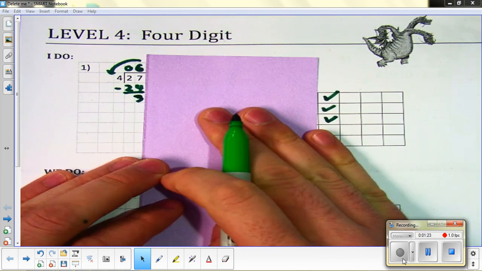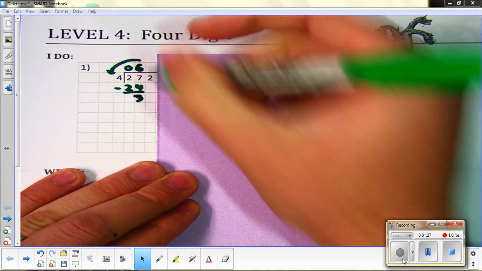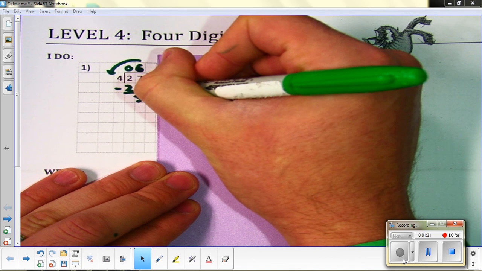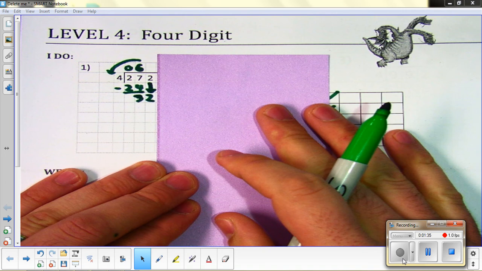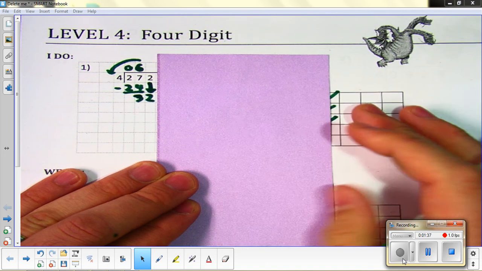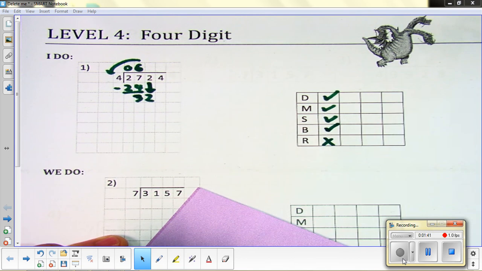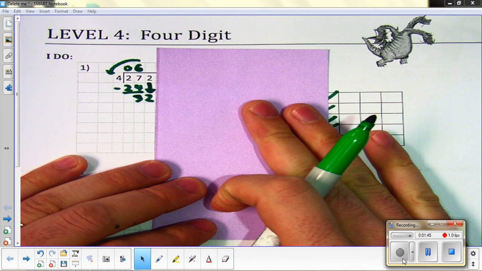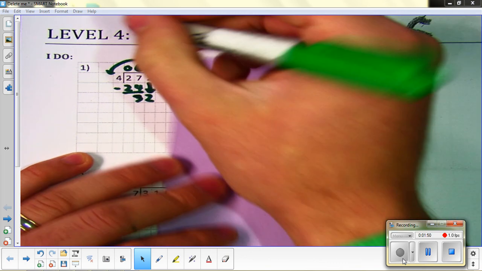Time to bring down. By moving my note card 1 over, I notice that there is a number in this box, and I bring down the 2. Now, no time for remainder. 4 goes into 32 8 times.